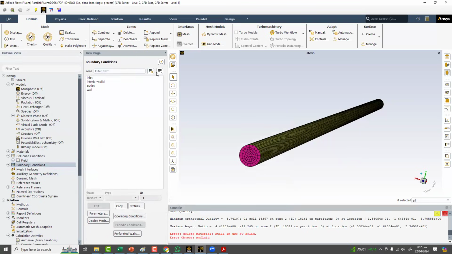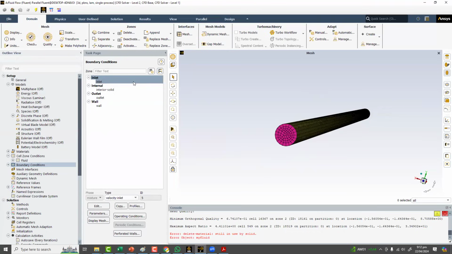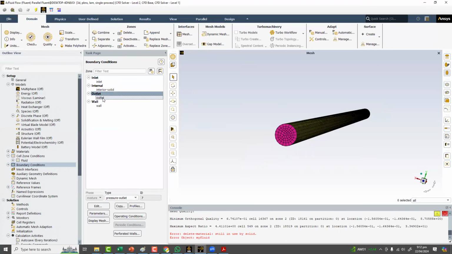Then we go to boundary conditions, and you can arrange the boundary conditions by the zone types, like inlet, outlet, wall, interior, like that. So on the inlet, we have the flow velocity as 1 meter per second. And the outlet will be zero gauge pressure.